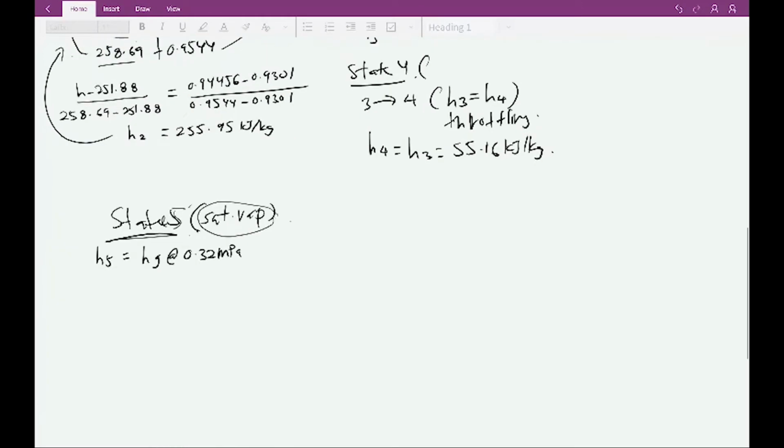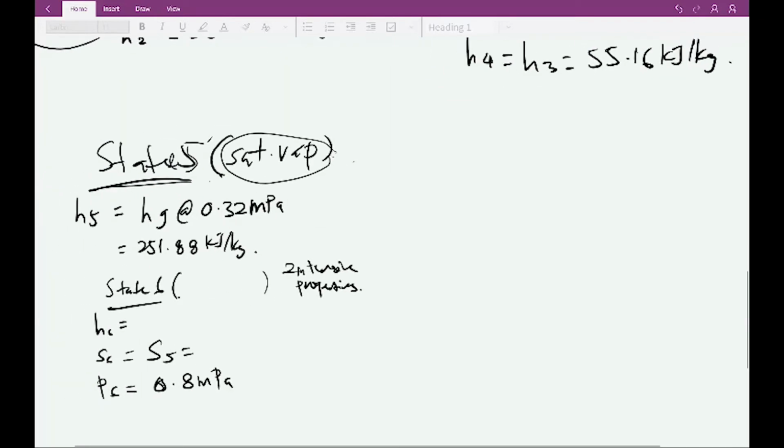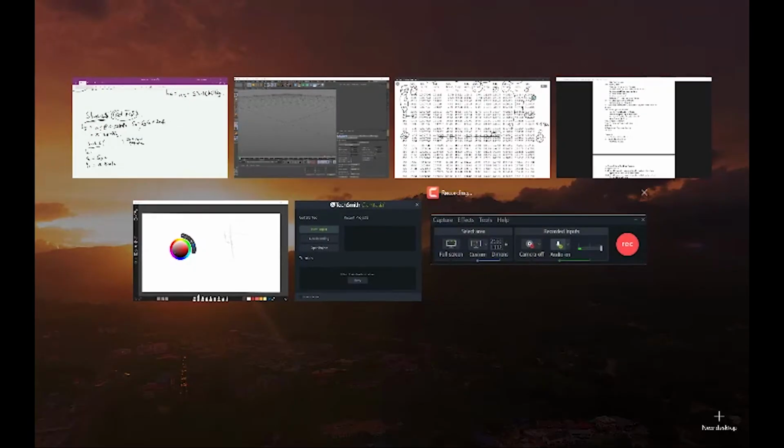So we write again, P6 is 0.8 MPa, while S6 equals S5. So S5 is equal to Sg at 0.32 MPa, which is quite straightforward.